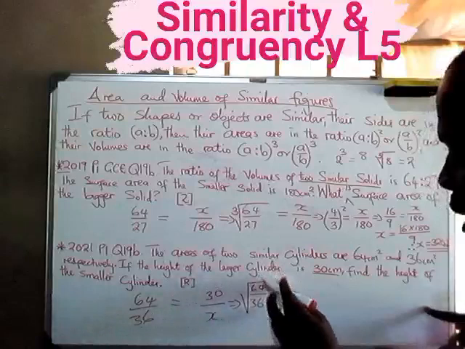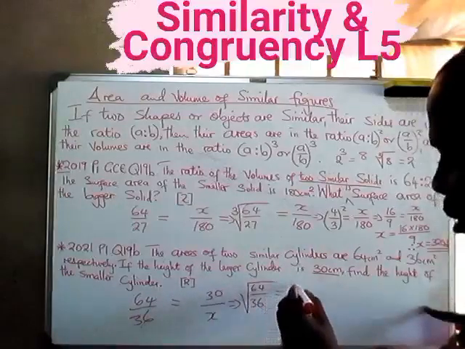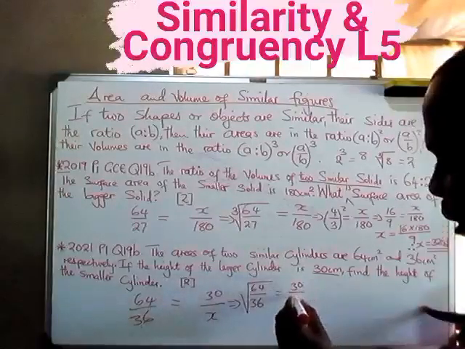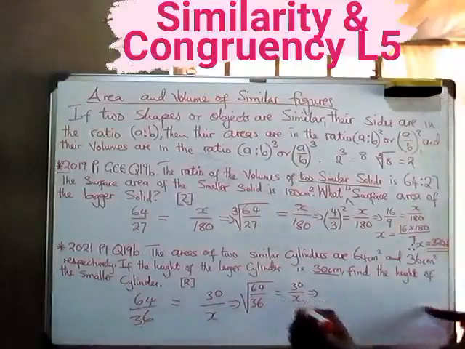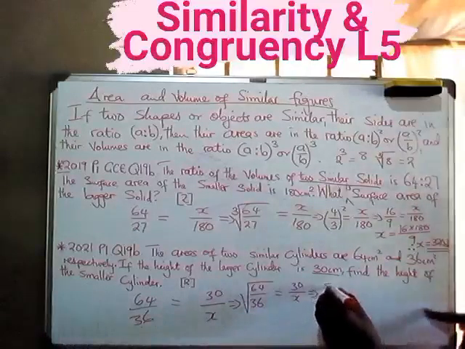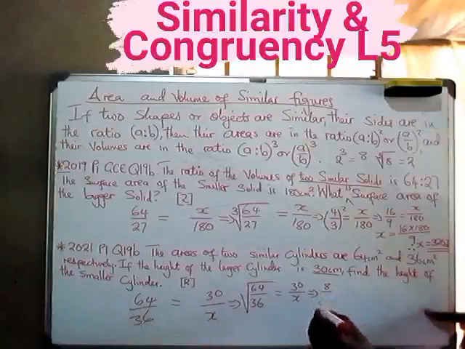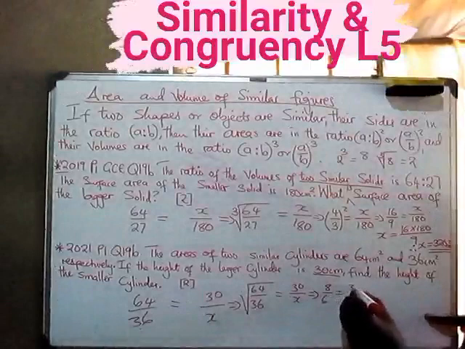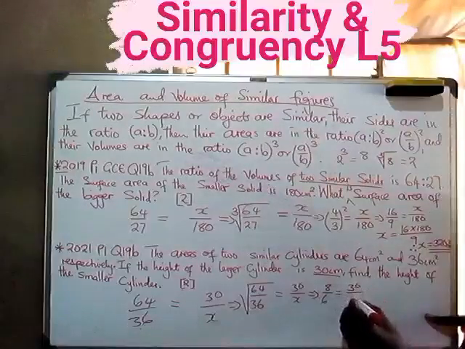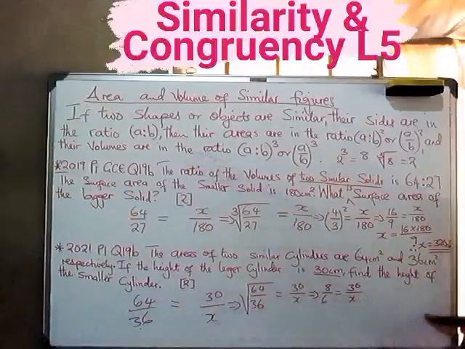The roots of these two are 8 over 6, which equals 30 over x. It's the height of the larger.